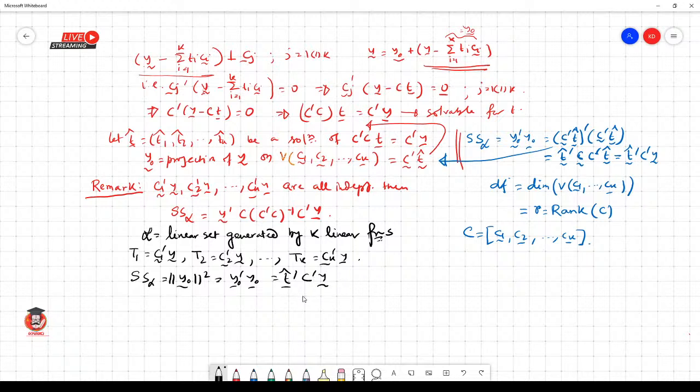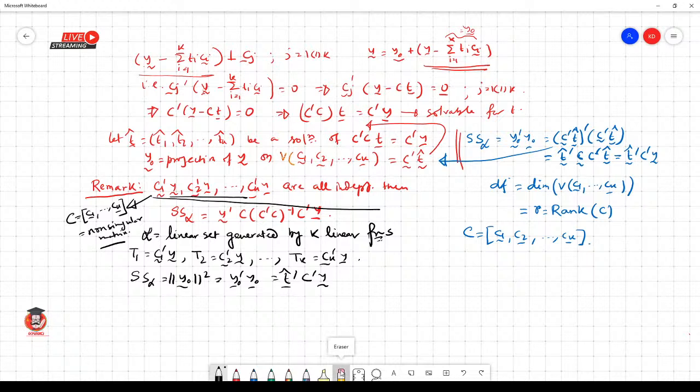And since these are all independent, it means C is a full rank matrix, that is a non-singular matrix. So C is invertible.